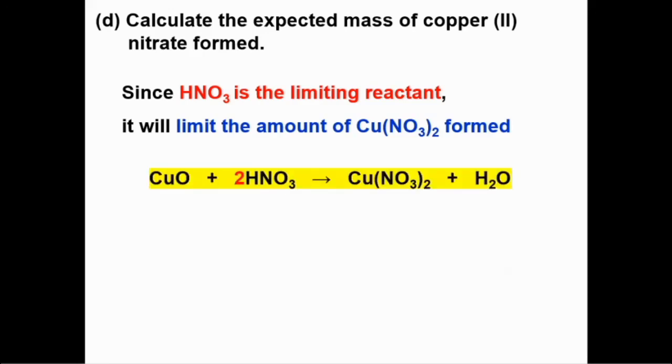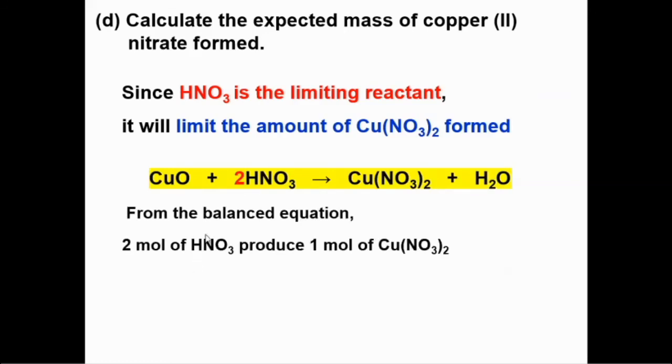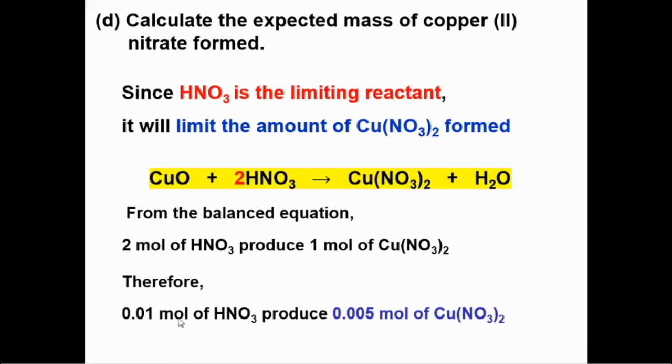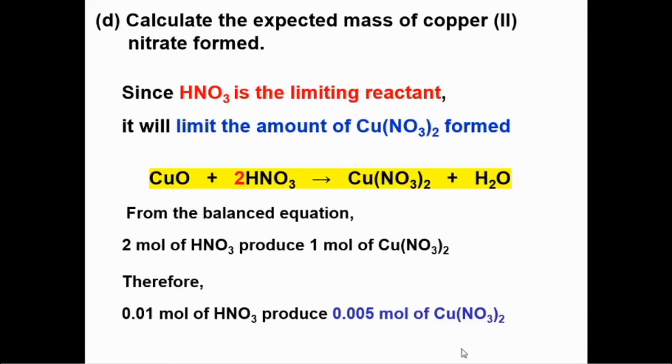From the balanced equation, we know that 2 moles of nitric acid produce 1 mole of copper(II) nitrate, but we don't have 2 moles of nitric acid in this reaction. We only use 0.01 mole of nitric acid, so therefore it should produce 0.005 moles of copper(II) nitrate, and this is the moles of copper(II) nitrate produced in this reaction.